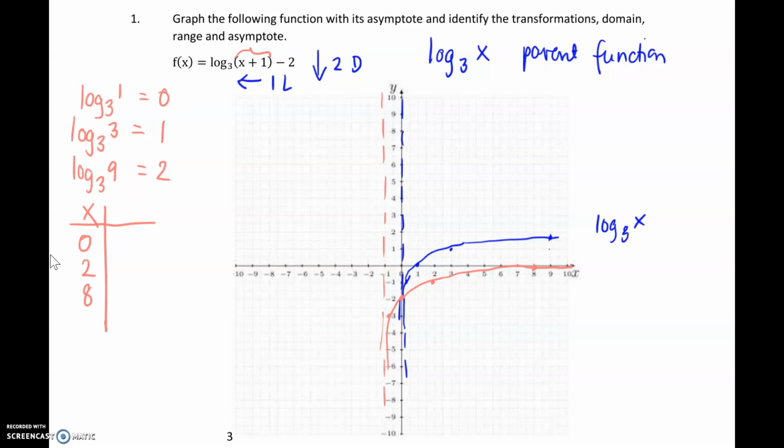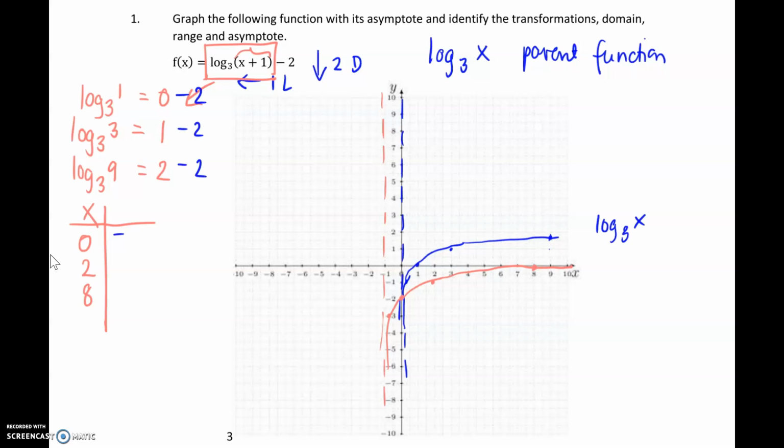If that's the case, I already calculated log base 3 of x plus 1 down here. So in the first case, when x is equal to 0, log base 3 of x plus 1 is 0, and then we're simply going to subtract 2 in order to get the y value for each one of these.